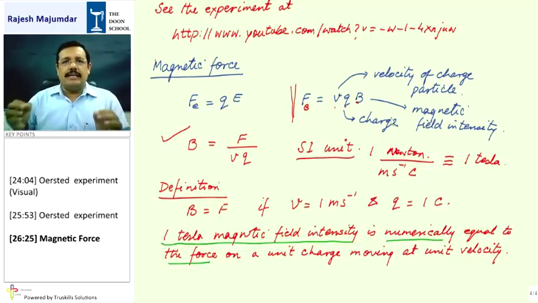So until and unless a charge moves, there will be no generation of magnetic field. And if there is a magnetic field in a certain region, then moving charges will experience a force. So magnetic property is actually related to the moving charges.